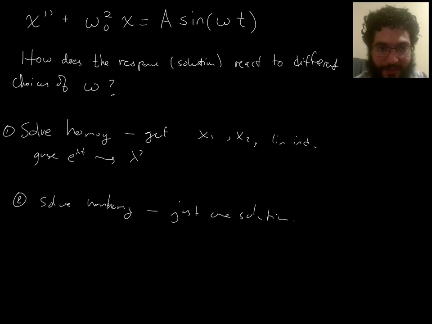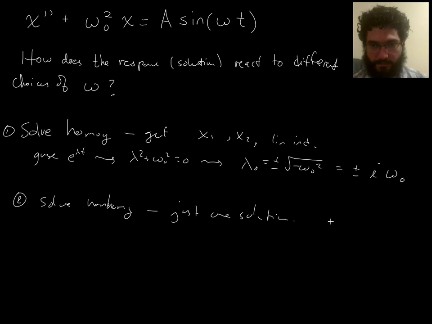We get lambda squared plus omega naught squared equals 0, because that's the homogeneous version, so I'm imagining that I have 0 here. And then I get lambda equals plus or minus the square root of negative omega naught squared, also known as plus or minus i omega naught.